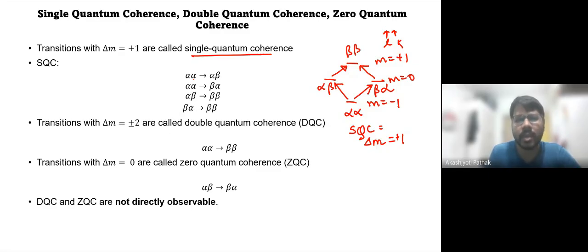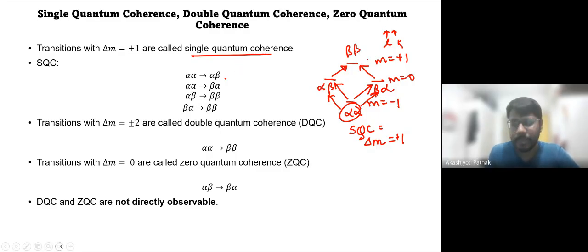So single quantum coherences mean transitions from alpha alpha to alpha beta, alpha alpha to beta alpha, alpha beta to beta beta, or beta alpha to beta beta.